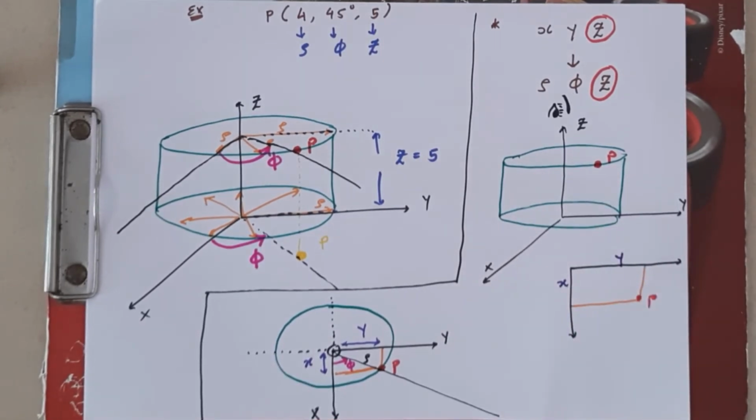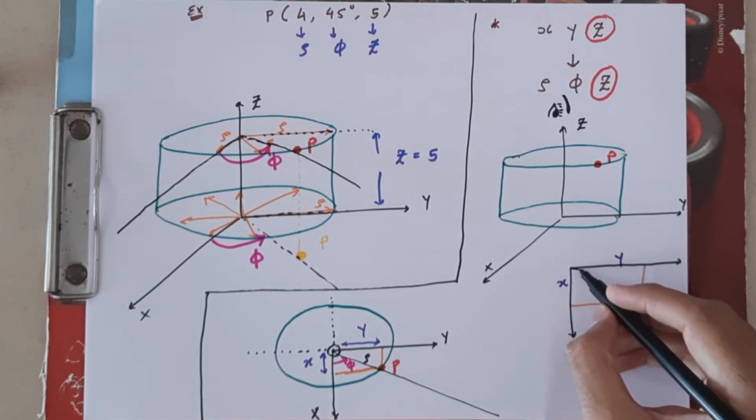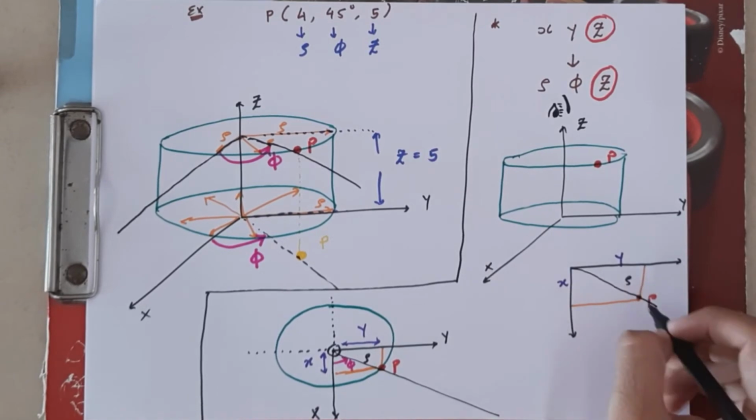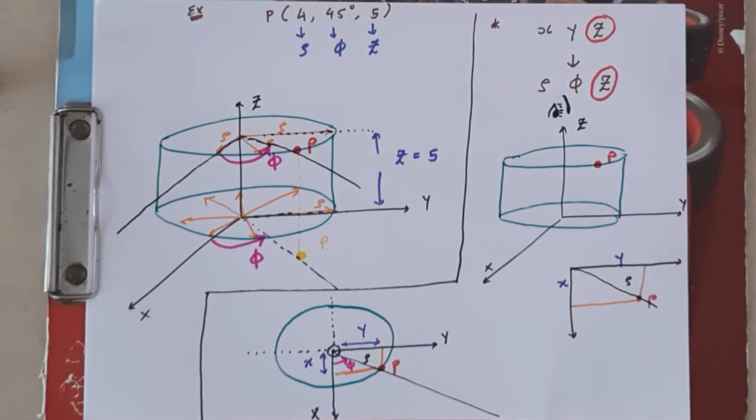And what is rho? Rho is the radius of the circle.